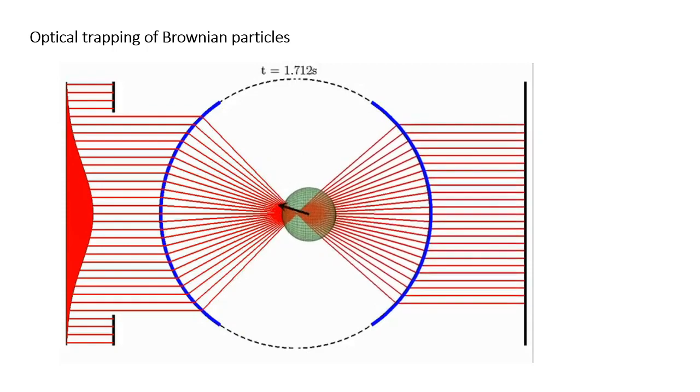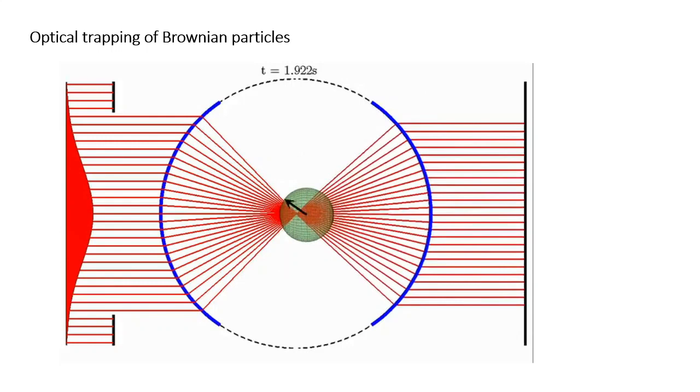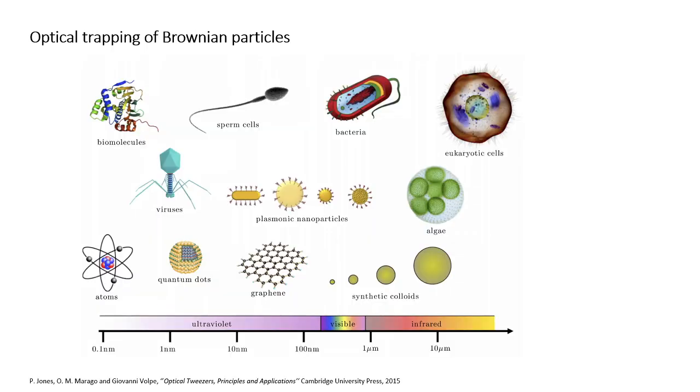So this creates an effective trapping on the particle, and actually it can be used to trap or manipulate microscopic particles. This method has been widely used to trap a lot of different particles, from biomolecules to microscopic cells, from artificial colloids to even single atoms or ions.